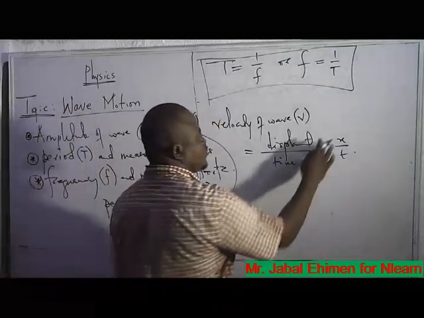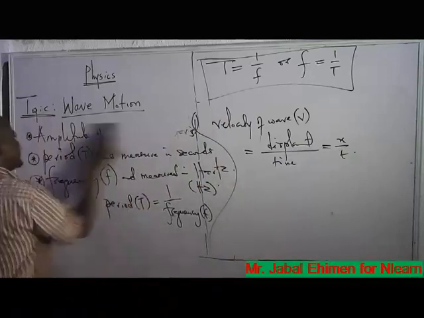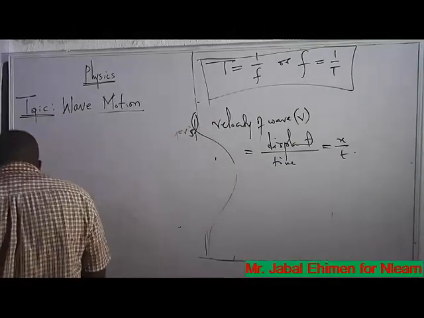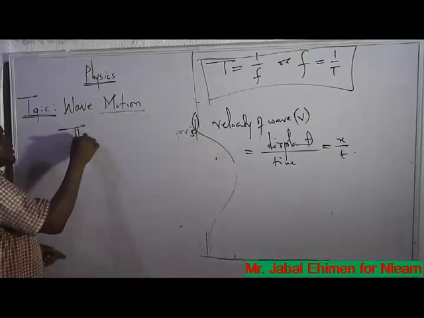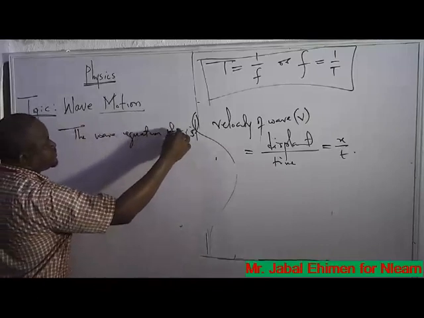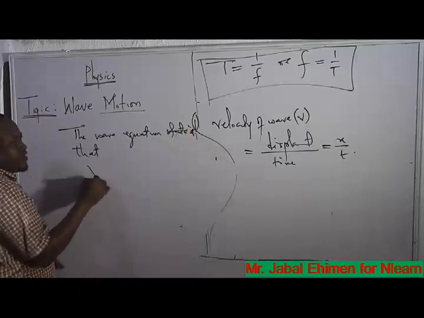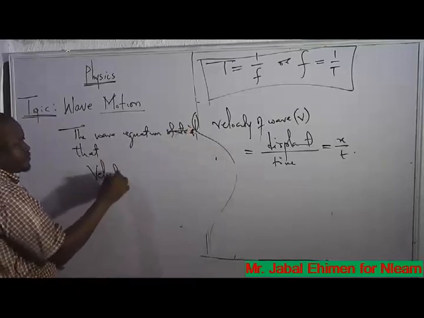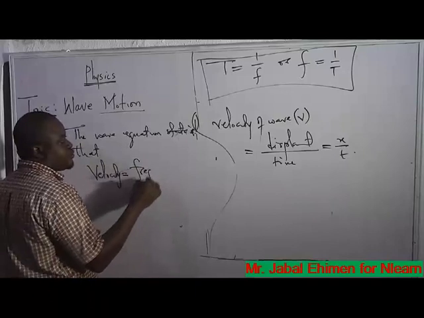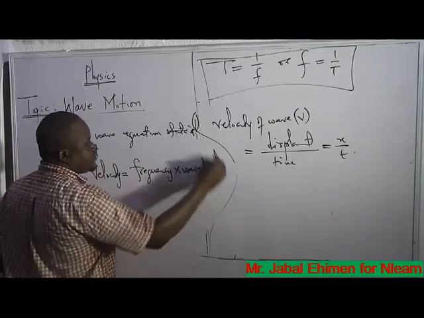But as wave itself comes to be, the wave equation can be stated as follows. The wave equation states that velocity is equal to frequency times wavelength.